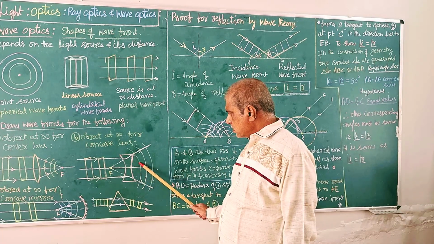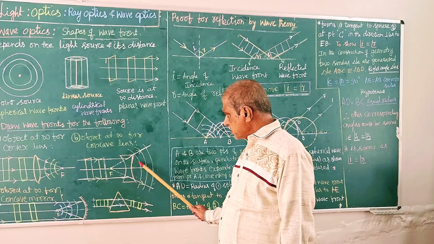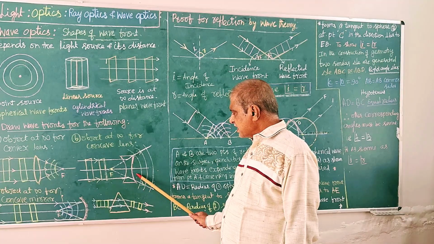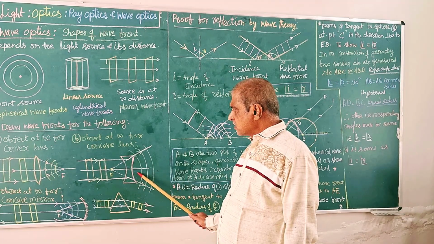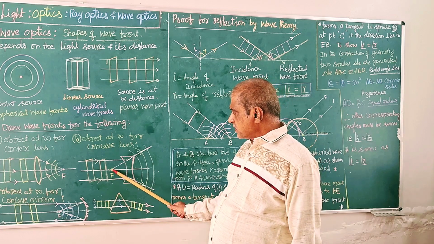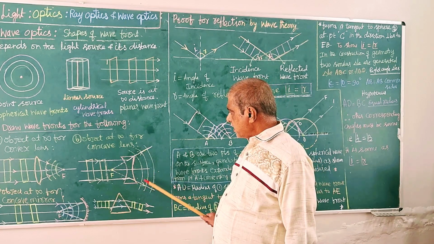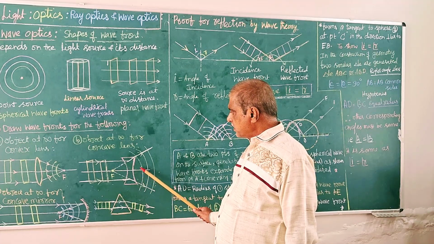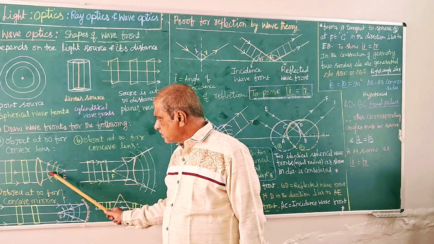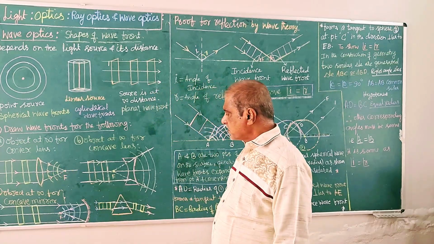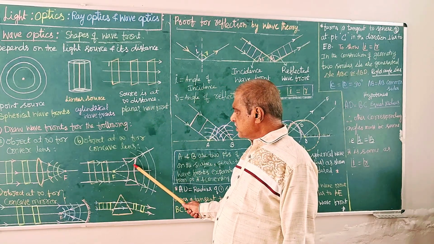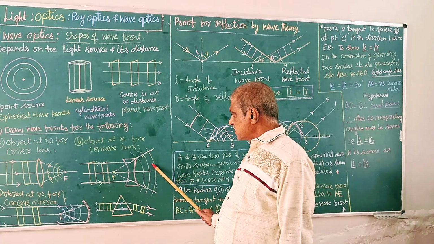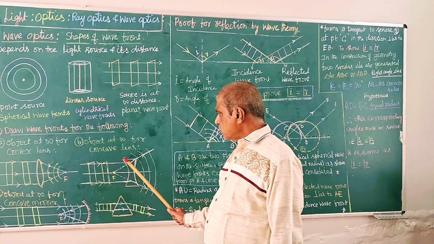Once they come out, the shape changes into spherical shape like this, and they are expanding. Here the wavefronts are diverging away from this point. The shape is spherical but diverging away, whereas in the convex lens the shape is spherical, converging to the point. That is the difference. These are diverging spherical wavefronts, changed from plane to spherical shape.